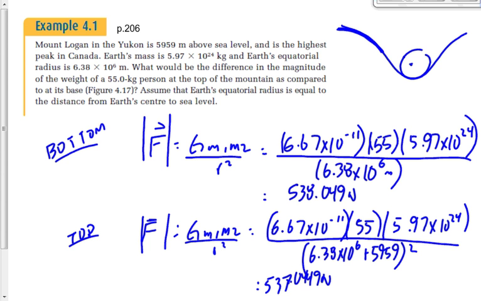That's why when you're on the top of Mount Everest, you weigh about 1 Newton less than you do at sea level. You ever notice when you go to Vancouver, you weigh more? Of course you don't notice. Because it's such a small amount, but it's measurable. It's just a small amount that you're not going to notice, but it's measurable. Make sense?